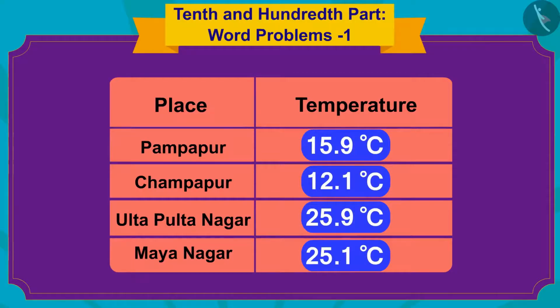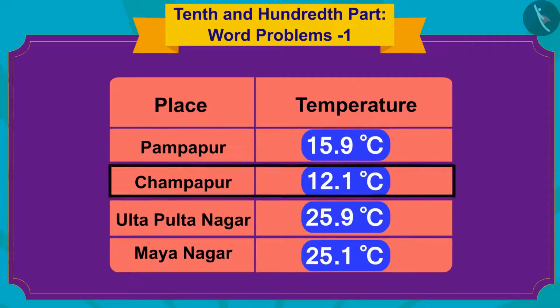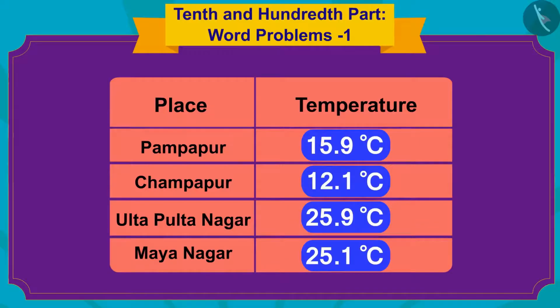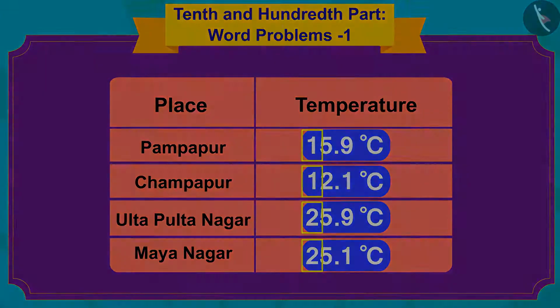Like here, first we will compare the numbers written in the 10th place of all these temperatures. Firstly, we shall write down the 10th place of these temperatures and compare them.